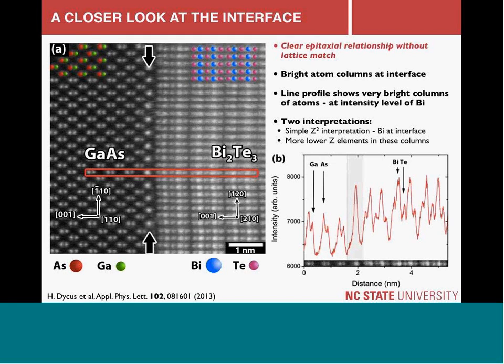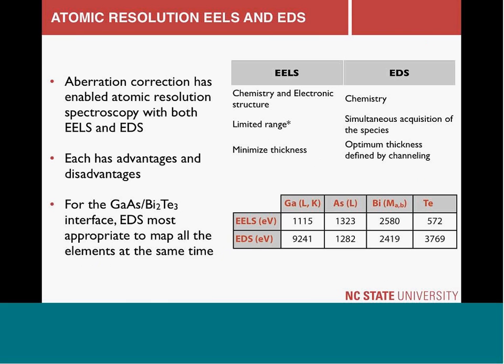So you get more of something else at those positions. From that alone, we are left with an ambiguous answer. Okay, but that's where Super-X comes in, because we can explore the chemistry and the structure of materials simultaneously at atomic resolution.